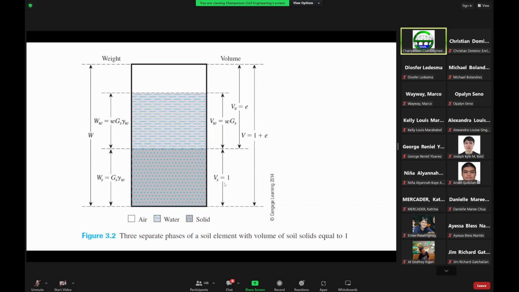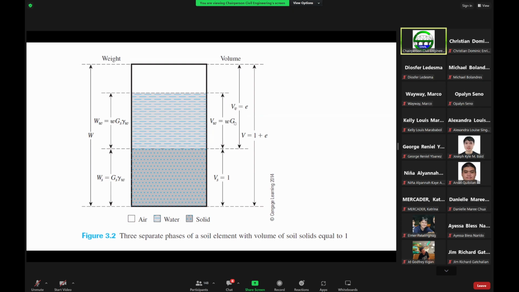And then the volume of water is equal to the water content times the specific gravity, wherein we will define the specific gravity in a while.